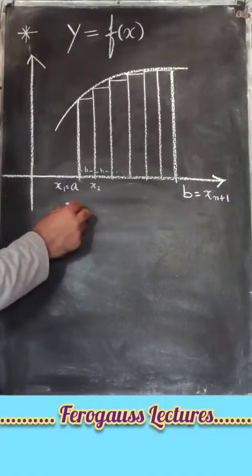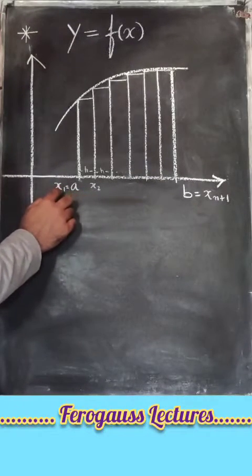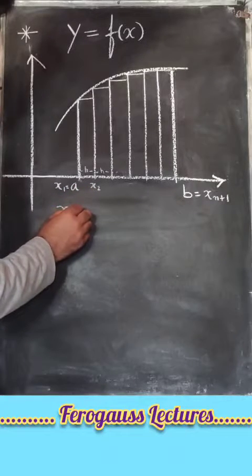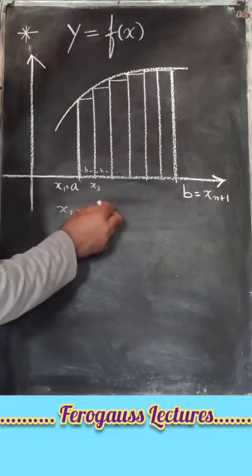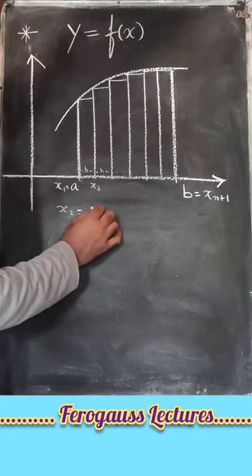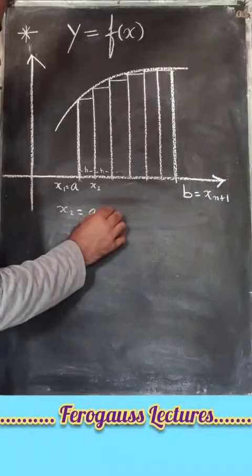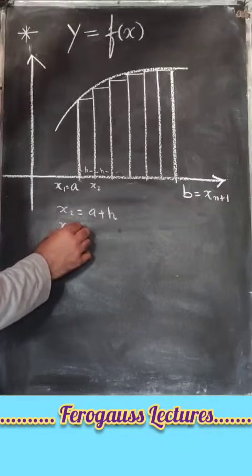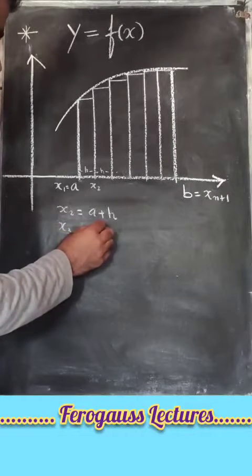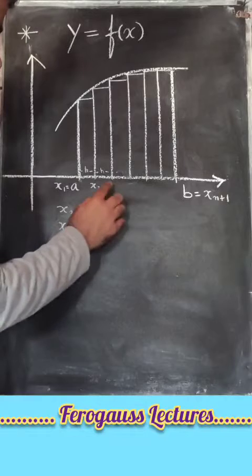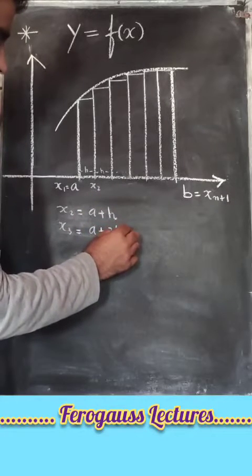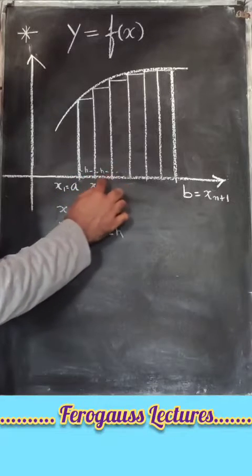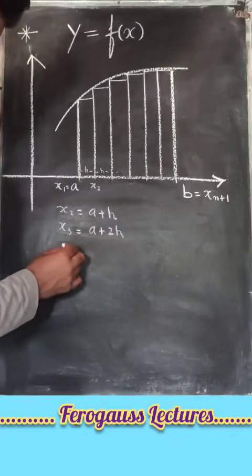So we can write, if x1 is equal to a, then x2 is equal to a plus h, and x3 is equal to a plus 2h, and so on.